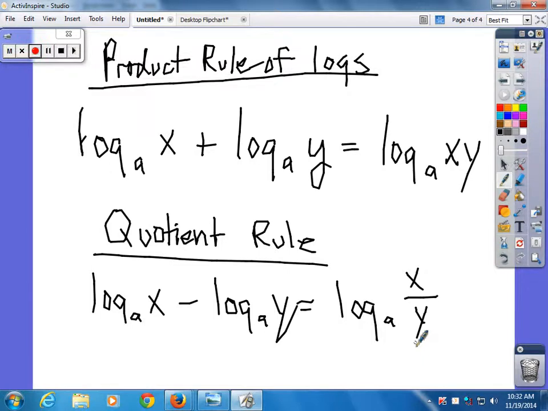Division. And your exponential laws, the product rule, puts addition with what? Multiplication. So if you know your exponential laws, how hard is it to learn the logarithmic laws? Not very. Just put a log in front of them.